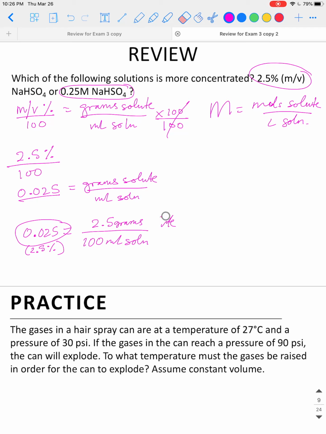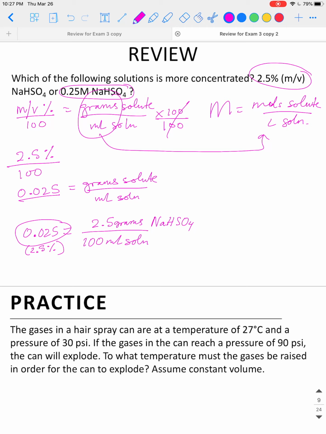I know that my solute is not just any random solute, it's sodium HSO4. I'm trying to convert units of grams and milliliters to moles and liters. First I'm going to convert grams to moles, so I need a molar mass.